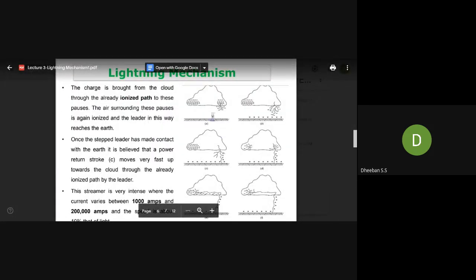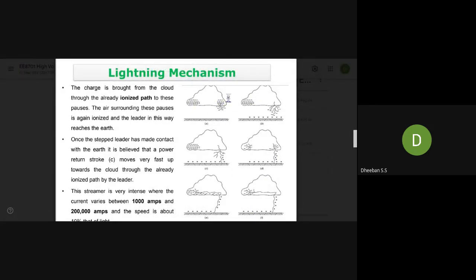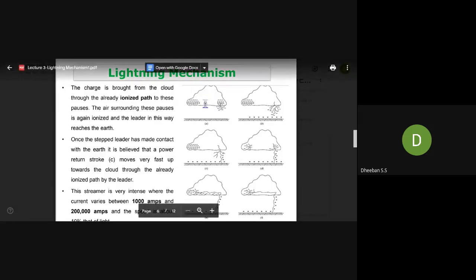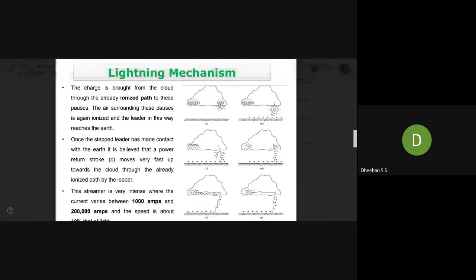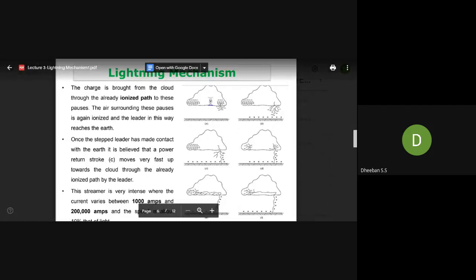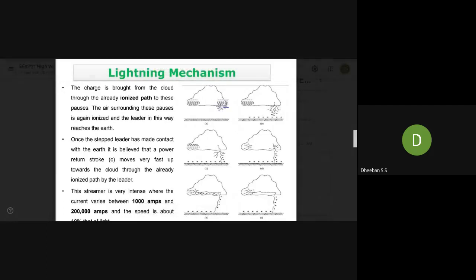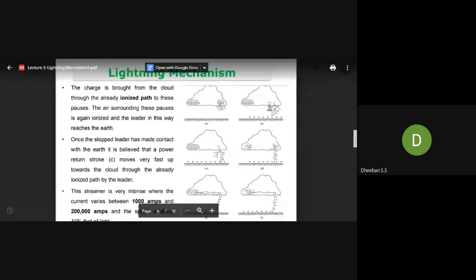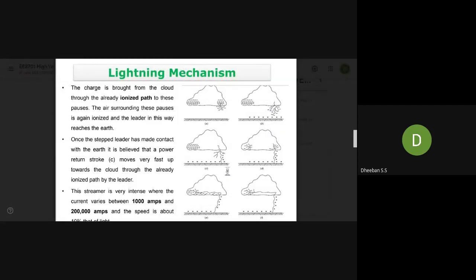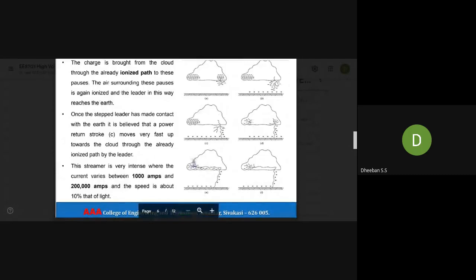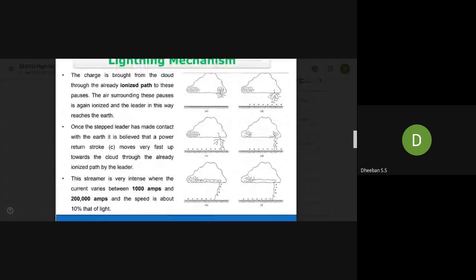If you draw these six diagrams, you can write the story, step by step. First, there is the formation of ions based upon those two theories. Then they get segregated, and the pilot streamer is formed. Next, the leader will be forming. Then the return stroke will come out. Then finally, your dot leader will form. You have to write in a story format, but with some characteristics.